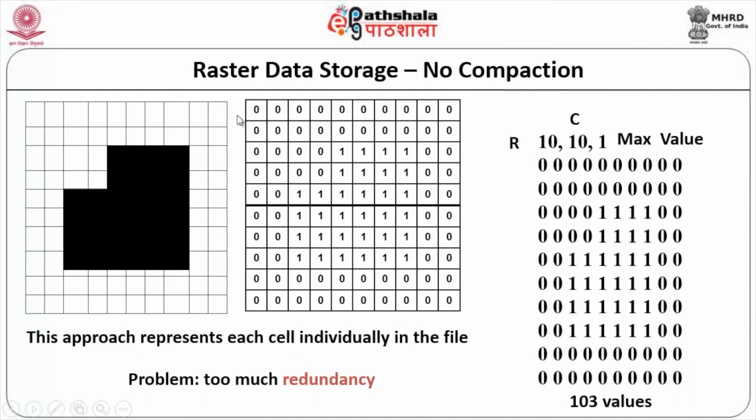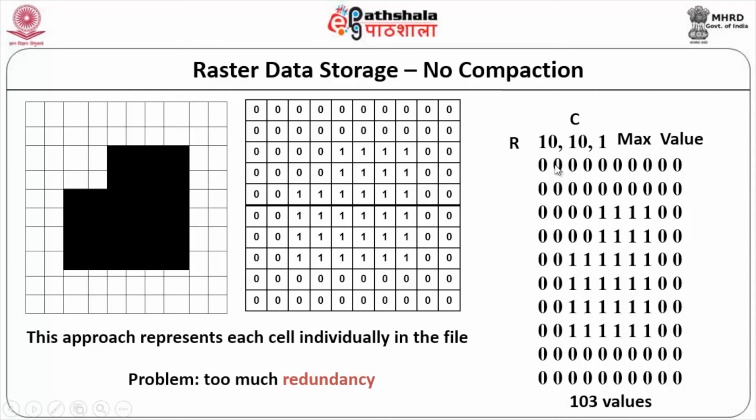Hence, I will have to have 10 rows and 10 columns, and of course, the maximum value is only 1. Here you see everywhere you have values. So, there will be 103 values; do not get carried away, do not worry what this 103 is. 10 by 10 cells will be 100, and the number of rows, number of columns and the maximum value will form the other 3 values. So, 103 values may have to be stored here.